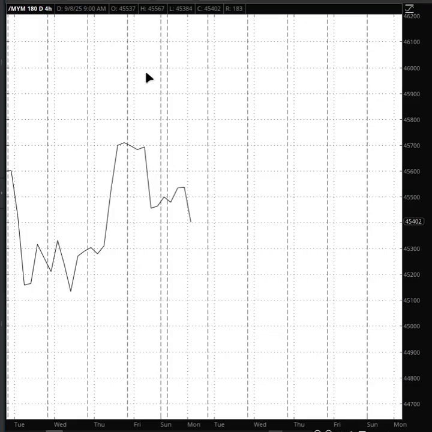Uh-oh, my stop is going to be filled. Okay, I think it was filled there. Again, if you're not sure, as I was last night, yep, I got filled. Okay, so now I am short.